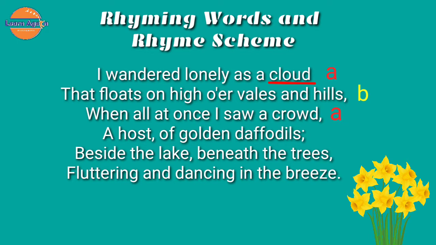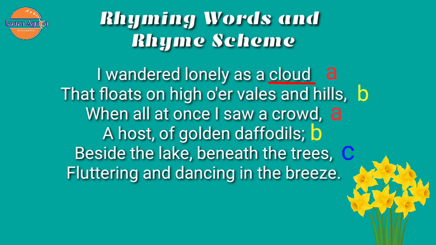The last word of the fourth line, daffodils, rhymes with hills. So mark with the same letter B. The last word of the fifth line, trees, doesn't rhyme with the previous words. So we will use the letter C for this new word.